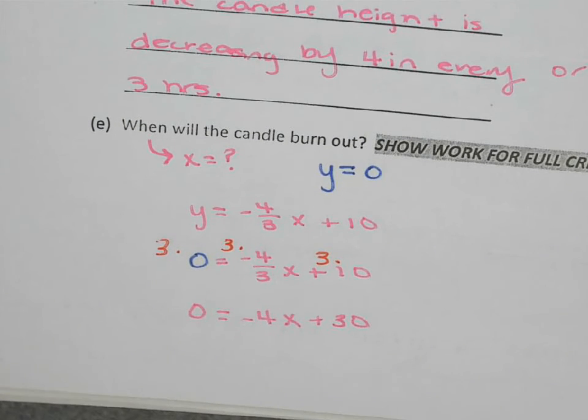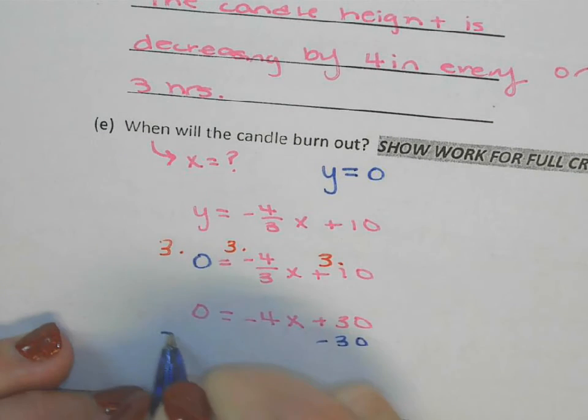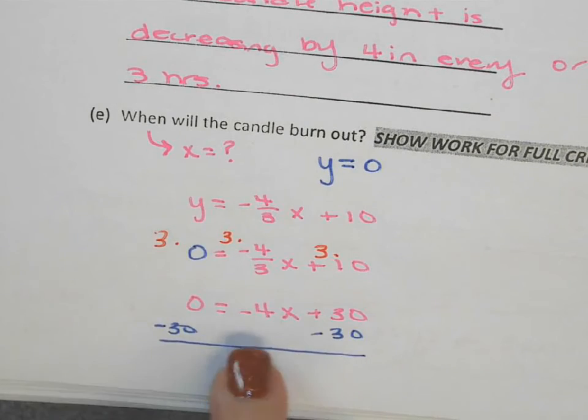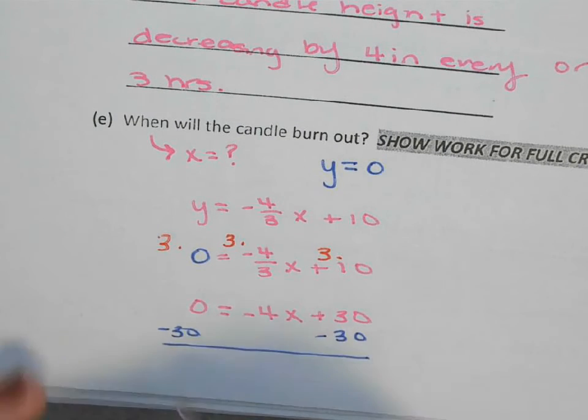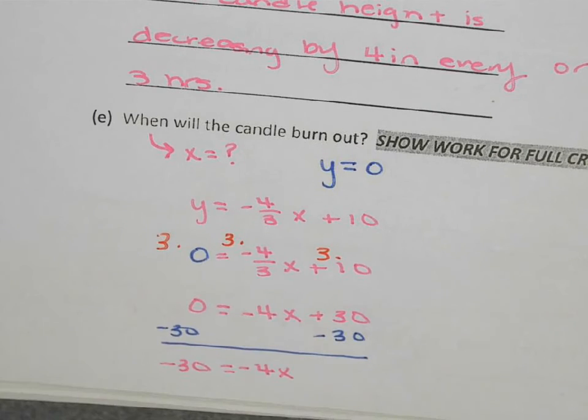How do I get x alone? Before I divide by negative 4, subtract the 30. Get that x term alone first. The reason why is because a lot of people will divide by negative 4, but they'll forget to do it to all terms. So it's much easier if you narrow down the terms before you then divide.